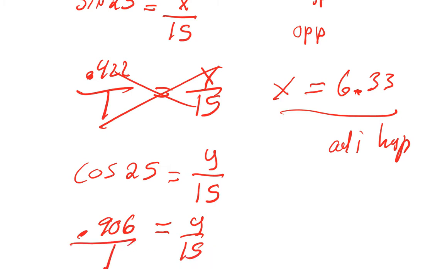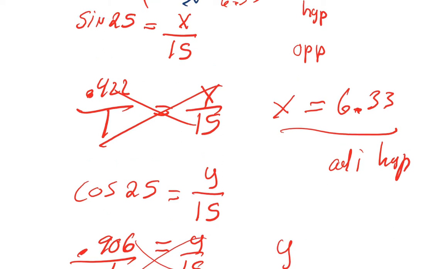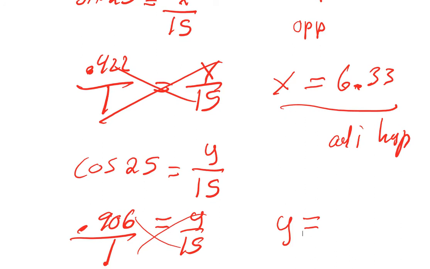Throw it over 1 because all numbers can be written over 1, and then we'll cross multiply. So y is equal to whatever 15 times 0.906 is. 14.59. Okay. All right, so there's x and y in that problem.